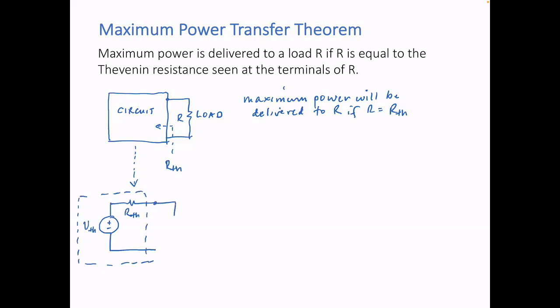Tapos ang nakakabit dito is R. So ano yung current dito? What is I? I will be equal to VTH over RTH plus R. What is the power delivered to R?